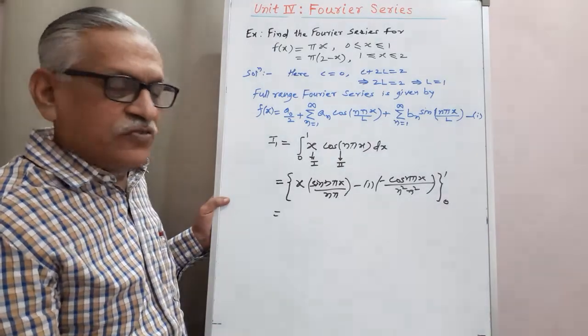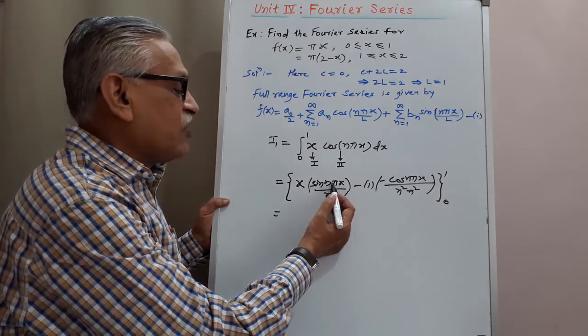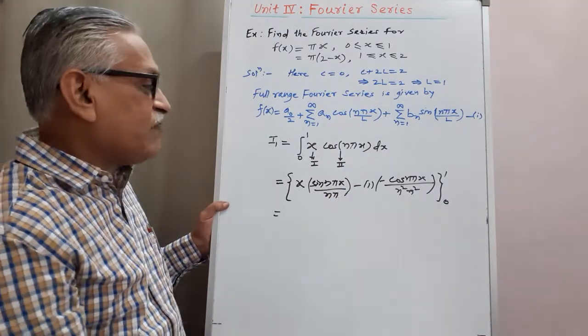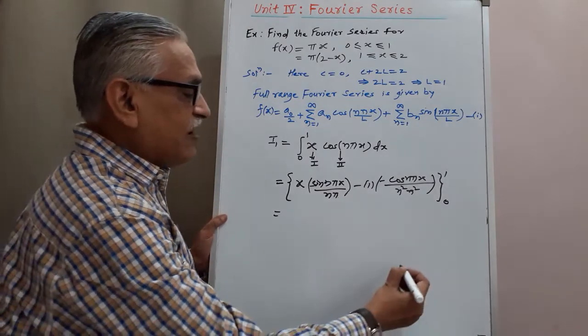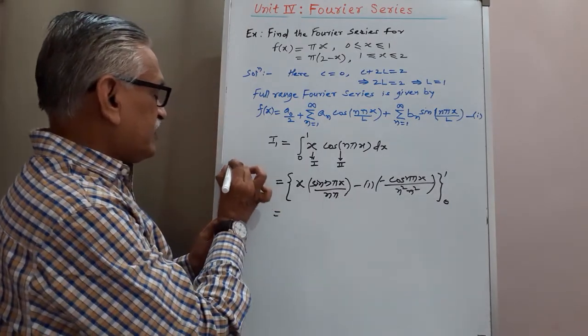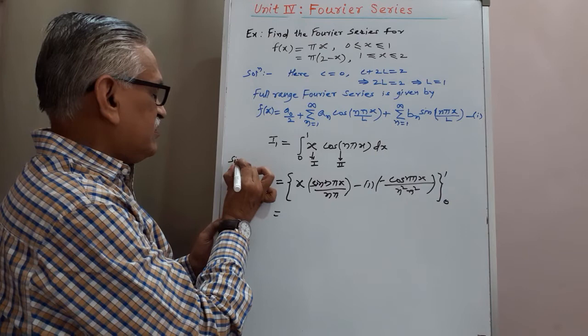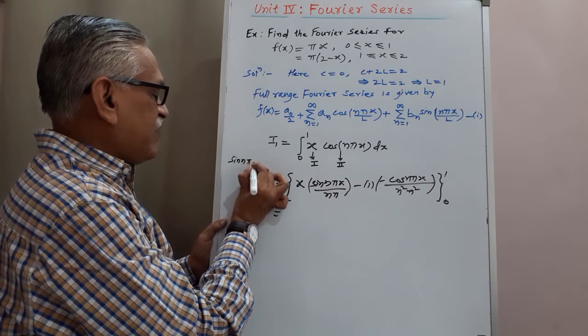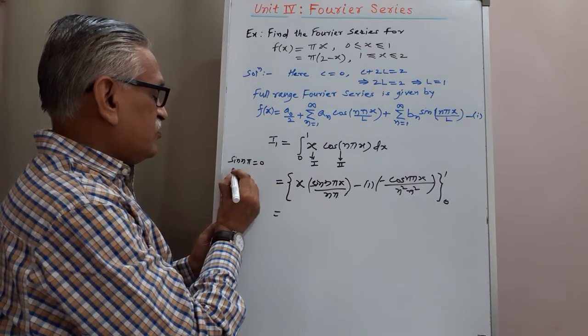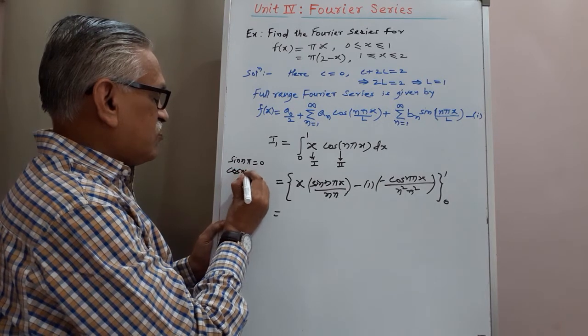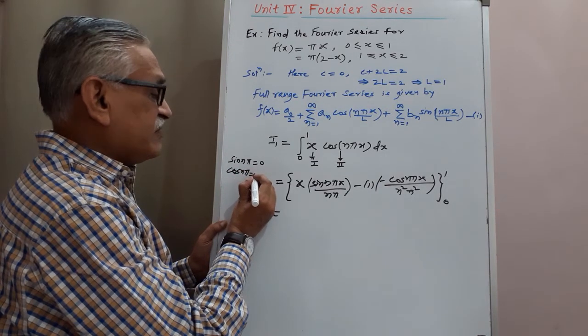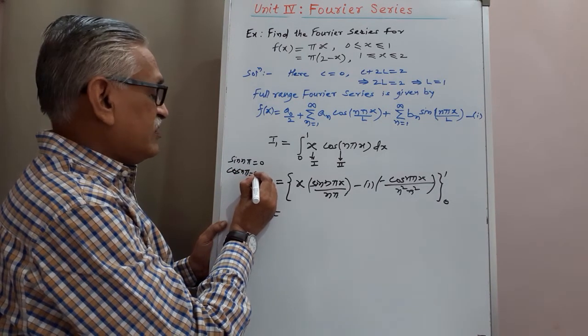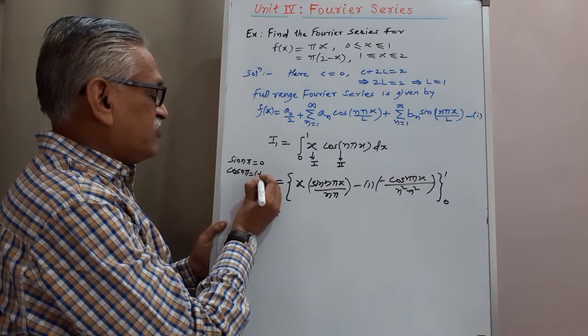Substituting the values, for the upper limit we get sin n pi and cos n pi. The value of sin n pi is 0, and cos n pi is minus 1 raised to n.